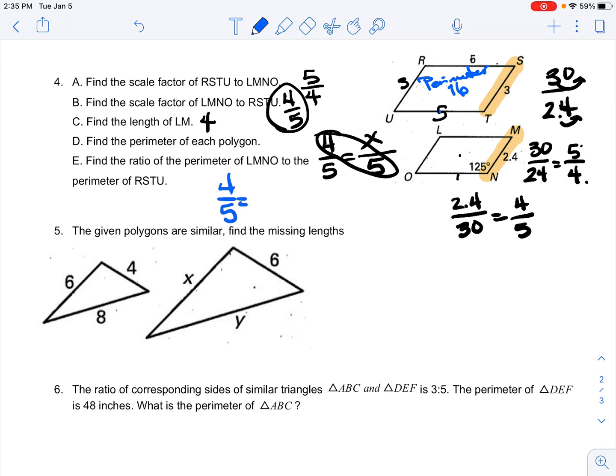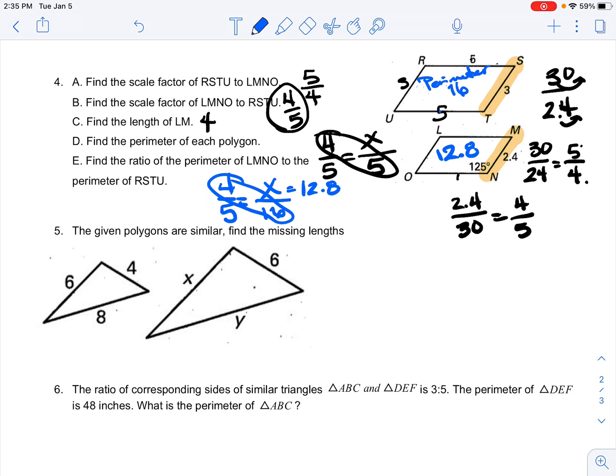Well, the perimeter of the larger one, that's the 5, is 16. That means the perimeter of the smaller one, to solve this, we're going to do 4 times 16 divided by 5, which is 12.8. So the perimeter for this is 12.8.